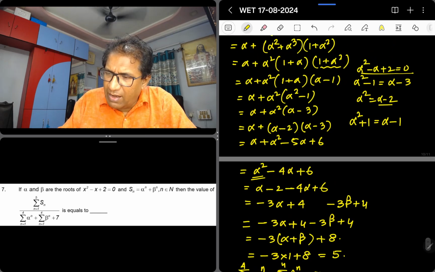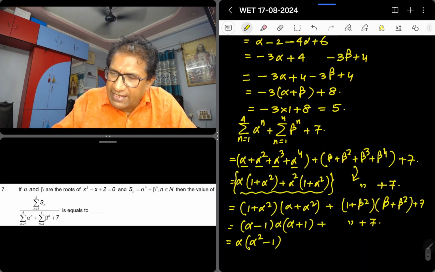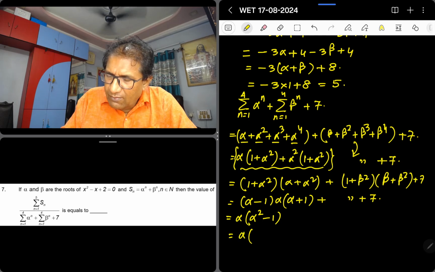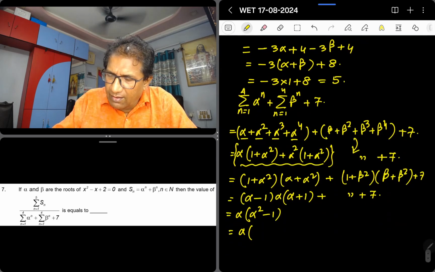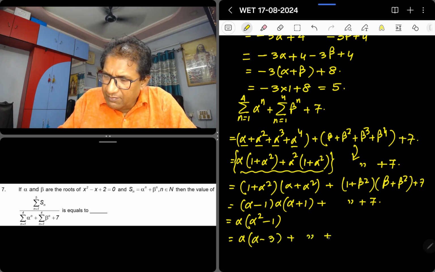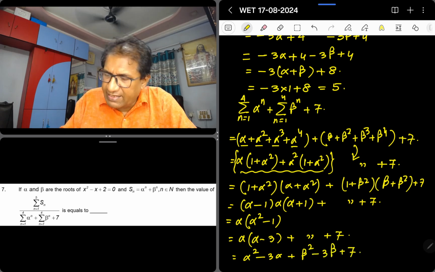Again, alpha square minus 1 can be written as minus alpha plus 3, which is 0. Therefore, alpha square minus 1 will be alpha minus 3. So, let me replace that again. Alpha minus 3. Same thing with beta, plus 7. So, it's basically alpha square minus 3 alpha plus the same thing with beta. It will give us beta square minus 3 beta plus 7.